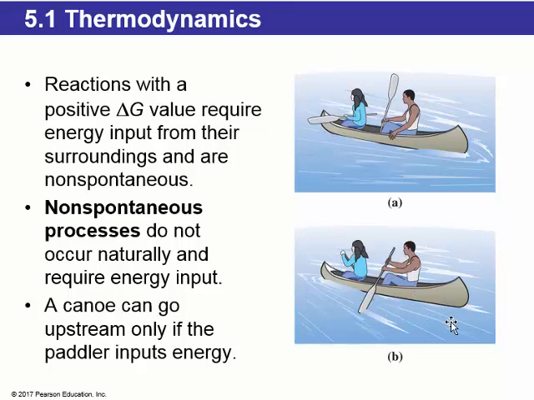Both of the canoe riders are paddling against the current and putting energy into this to make this reaction occur. So spontaneous reactions require no input of energy. They have a negative delta G, and non-spontaneous reactions require input of energy and have a positive delta G.